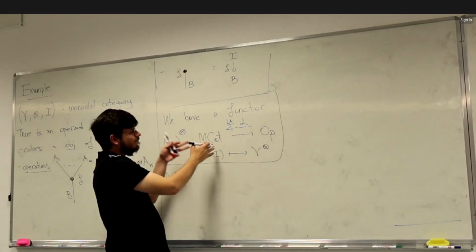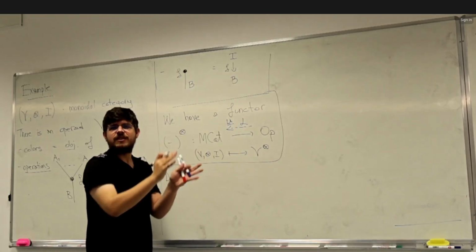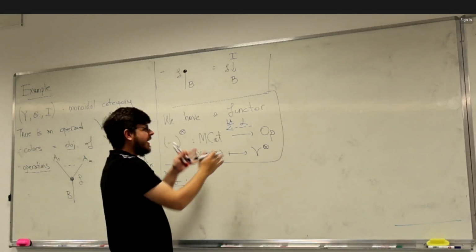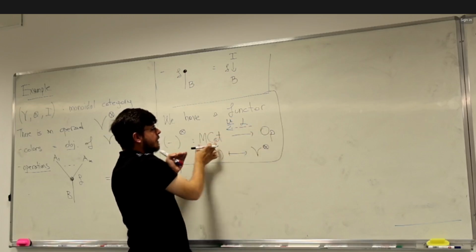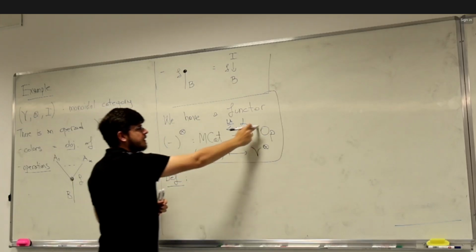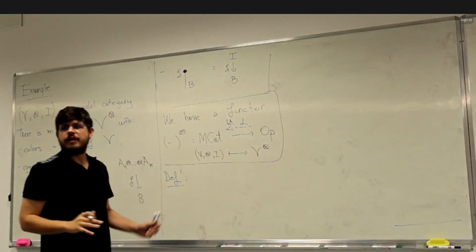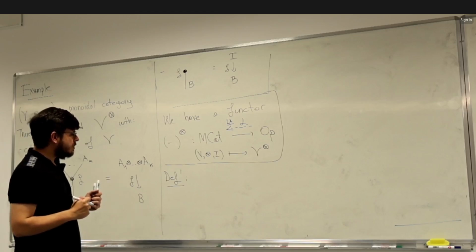And there is a sense in which this is a forgetful functor, but it's a fairly long story. And this has a left adjoint, which is like a free functor from operads to monoidal categories. This is important for us today, so I'll explain it, but I'd like to cover some other things in between.